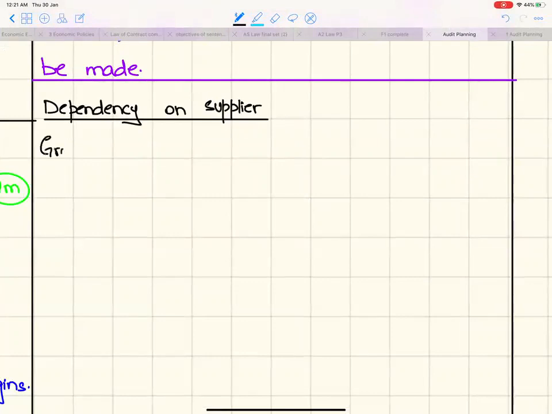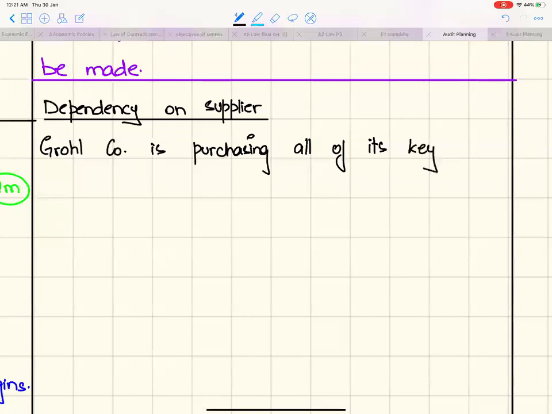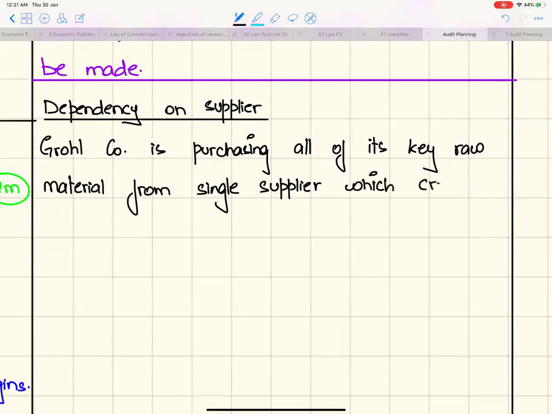Now, Grohl company is importing, or is purchasing, all of its key raw material from a single supplier, which creates a risk of dependency.